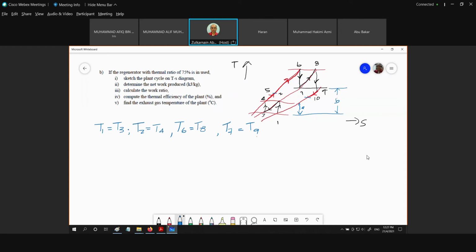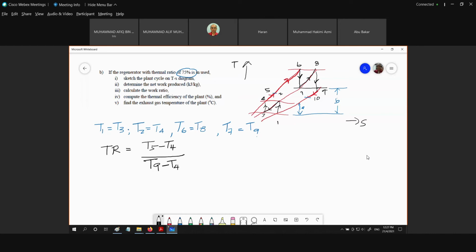Given right here the thermal ratio, we are going to use the thermal ratio definition: the increment of air temperature in the regenerator, which is A. A is T5 minus T4, divided by B. B is the maximum available temperature difference, which is T9 minus T4.